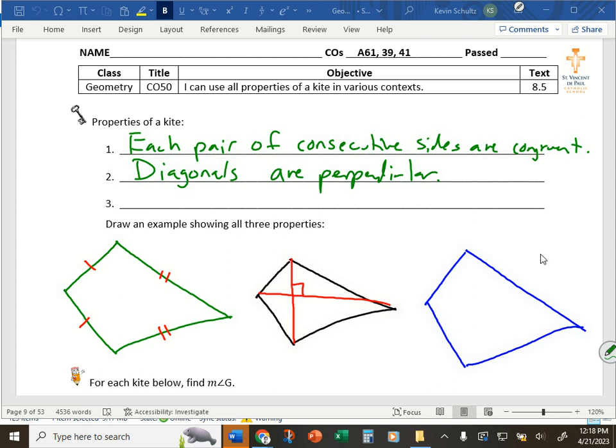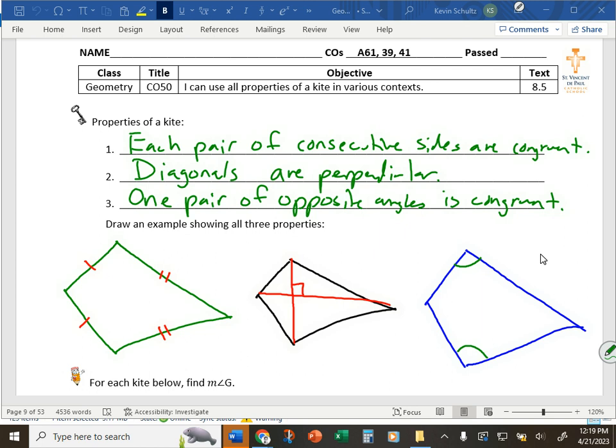The third characteristic is one pair of opposite angles is congruent. And the pair that's congruent, this is kind of important, are the larger of the two.